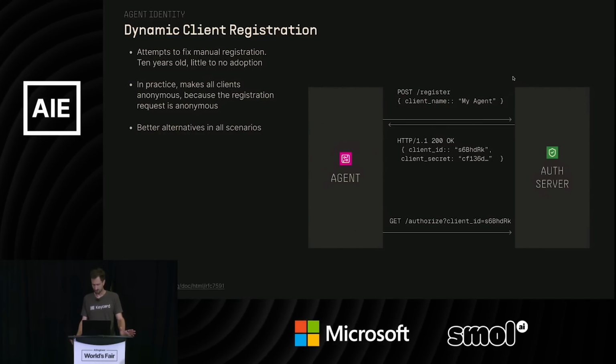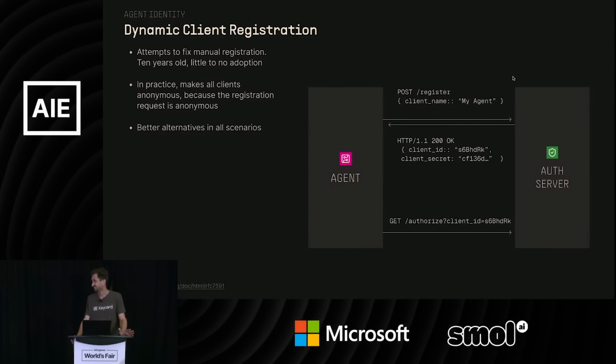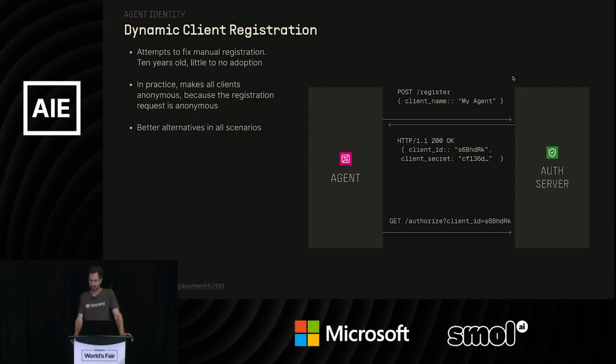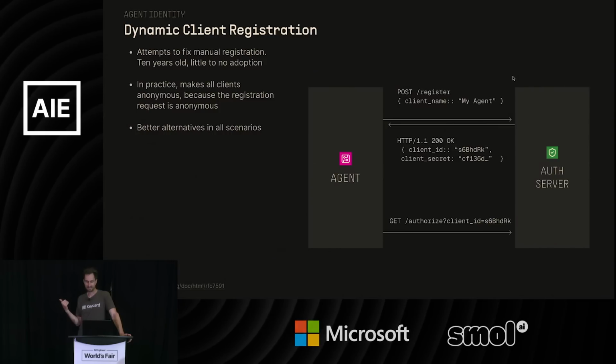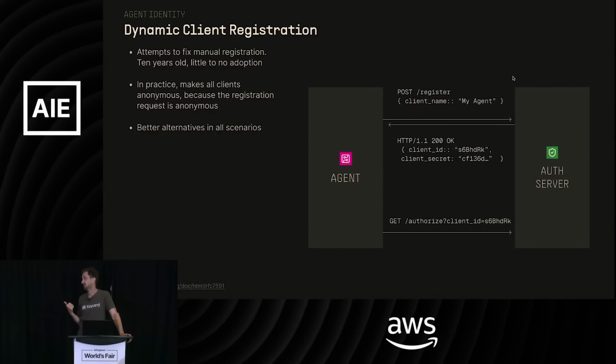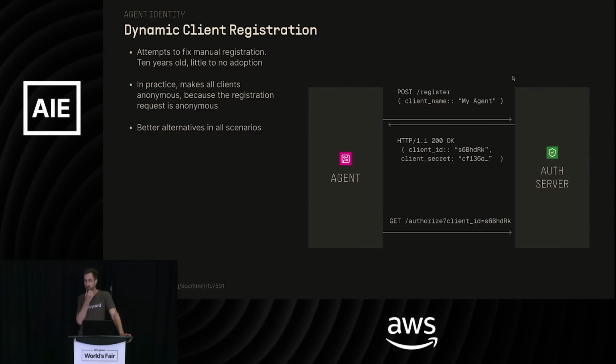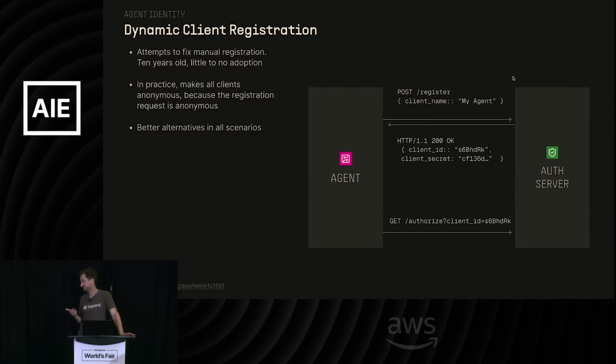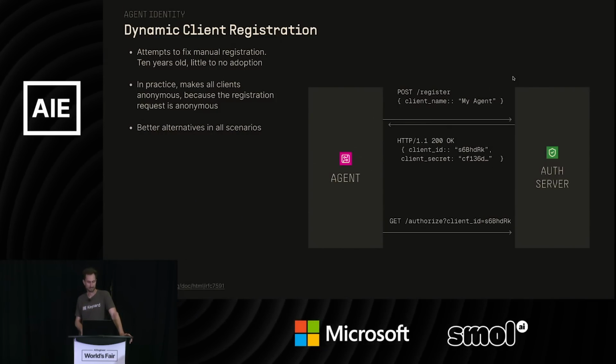Now, this specification has been around for about 10 years, and in practice has seen no meaningful adoption. And one of the implications is that it makes all agents anonymous, because the registration request itself is uncredentialed. This makes it hard to build trust in agents. It's probably not super viable, in my opinion.